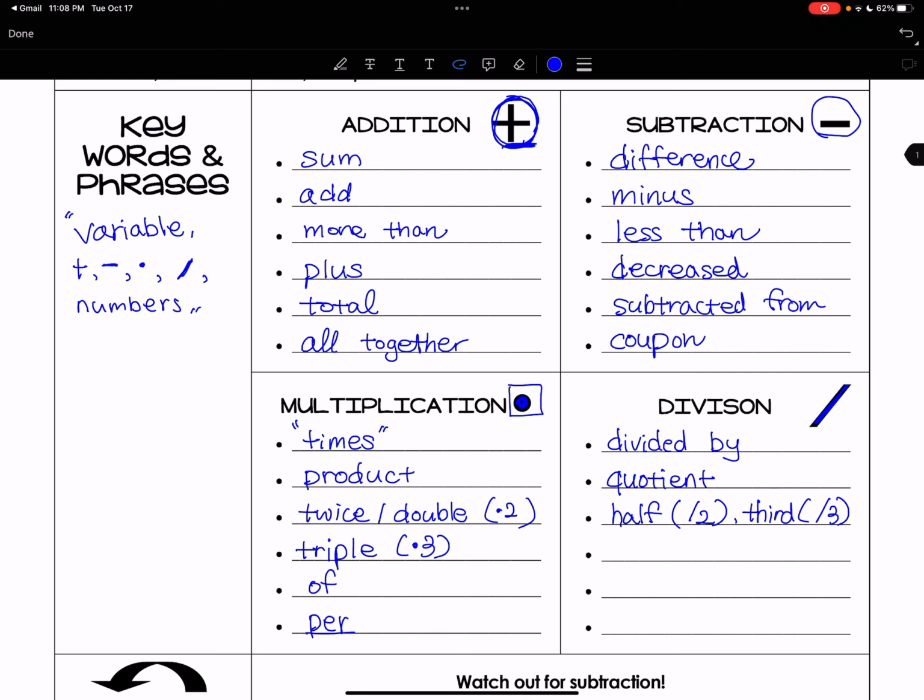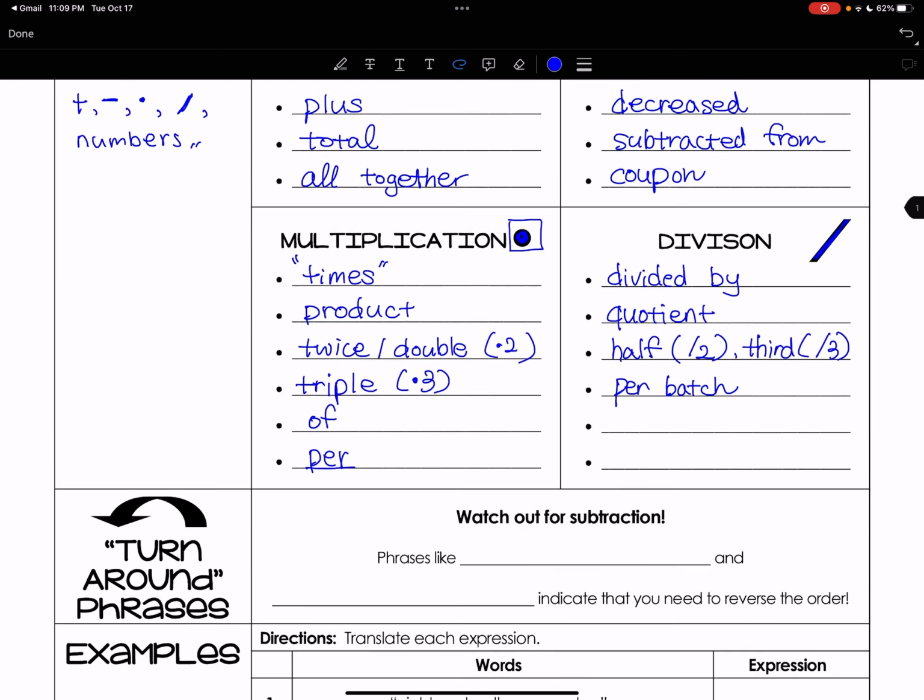And remember, in the previous unit, we talked about how to figure out per batch price, then you have to divide total cost by number of batches. Then you're gonna be able to figure out per batch price.